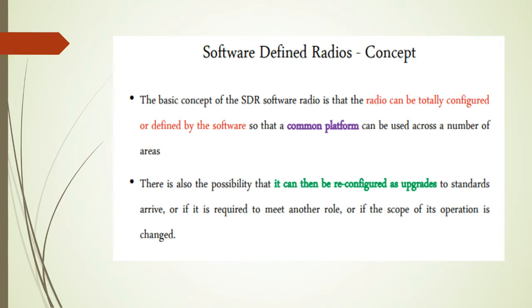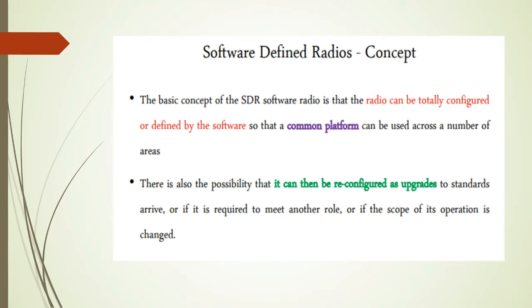Next, we are going to discuss software defined radio. Software defined radio was developed before cognitive radio. The basic concept of SDR, the software radio, is that the radio can be totally configured or defined by software, so that a common platform can be used across a number of areas.